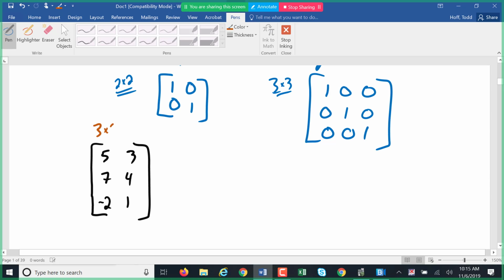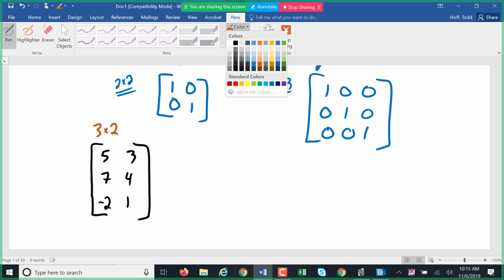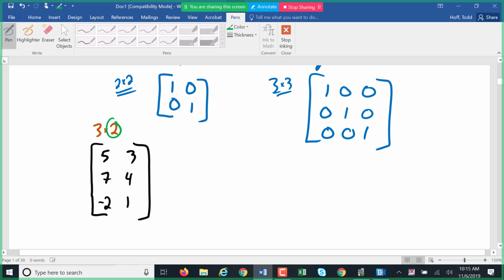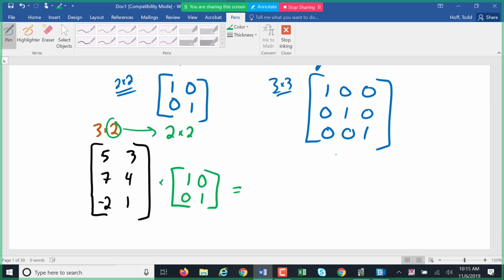This is a 3 by 2 matrix. Remember, it's the columns of the first matrix have to line up with the rows of the second matrix. So that second matrix, the identity matrix, has to be a 2 by 2. So it's going to be the 1, 0, 0, 1 is what I'm going to multiply by. So my result is going to be a 3 by 2 matrix.